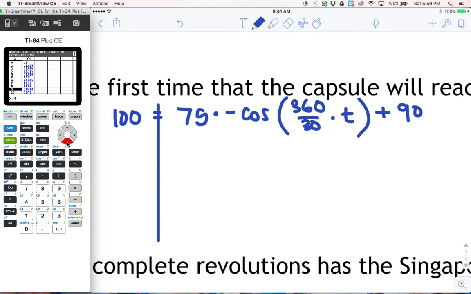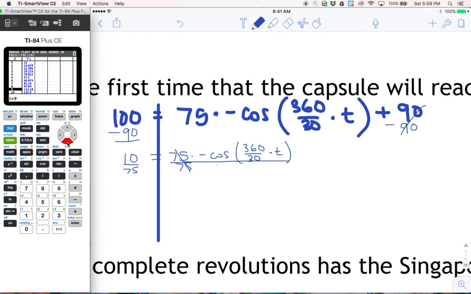First thing I'm going to do is get rid of the 90. Think back to algebra, right? Get rid of the constant. So we've got 10 equals 75 times negative cosine of 360 over 30 times t. Next, I'm going to get rid of the 75, right? I can divide the whole right side by 75 and the left side by 75.